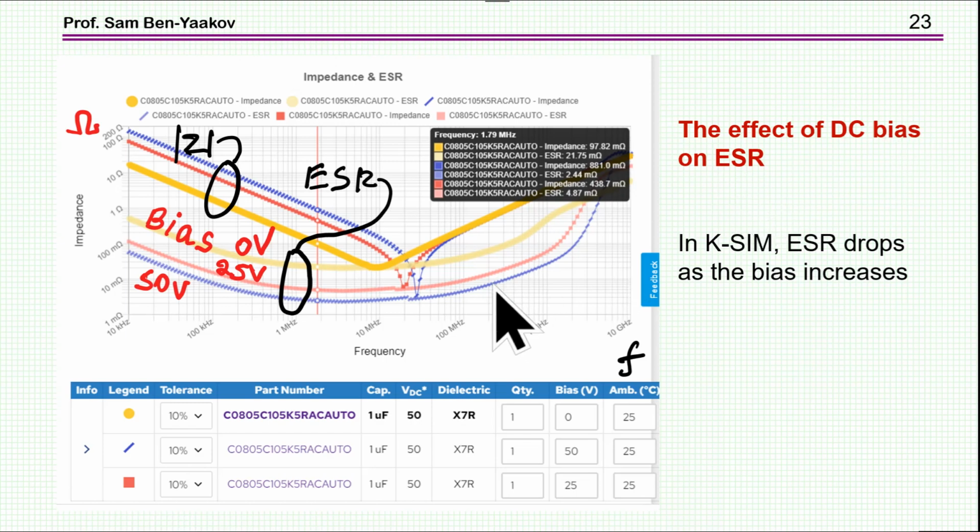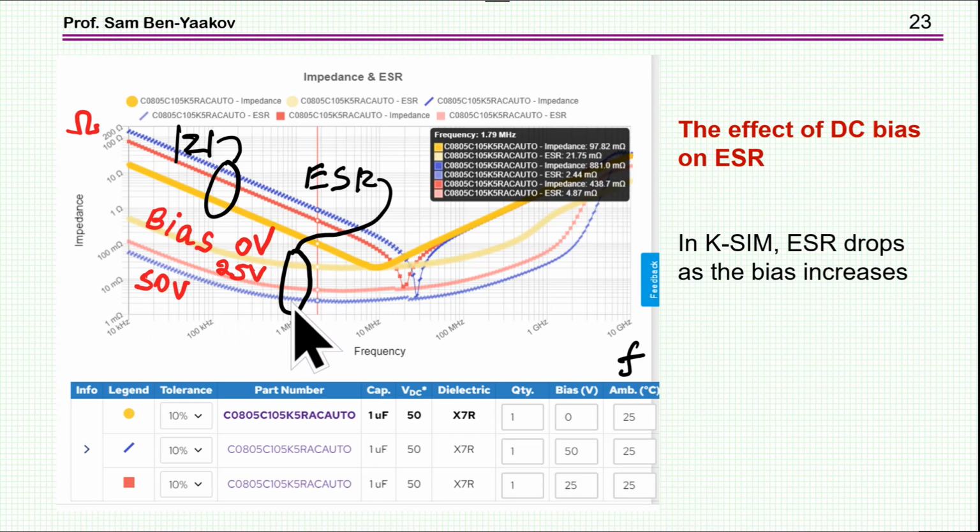If you look at the PCIM data or results or graphs shown here, this is one capacitor, 1 microfarad, and it is a 50 volt capacitor, and here it is exposed to different bias voltages, 0 voltage, 25 and 50, and you see that the ESR is going down quite a bit between 0 bias and 50.